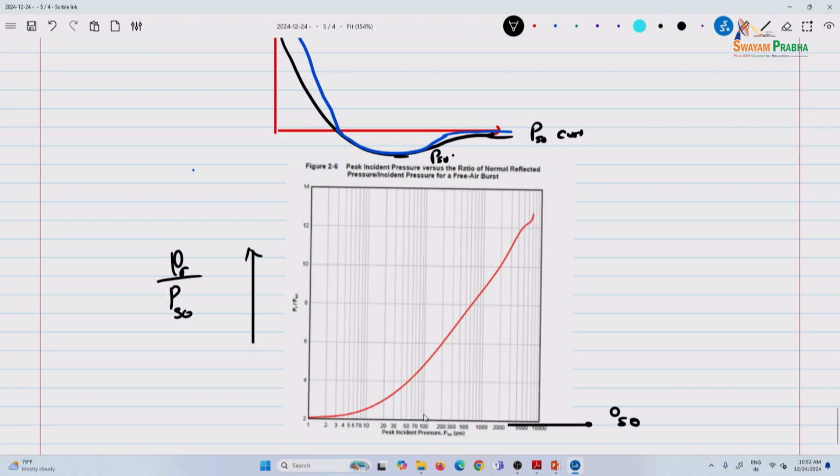So values up to, I said about 100 psi is typical, max, so somewhere in that range, at least in this course we'll be talking about, nothing more than that. And so you can see the reflection coefficients going all the way up to about 5. So this is CR going from 0 to, you can go up to 5 times in this case.